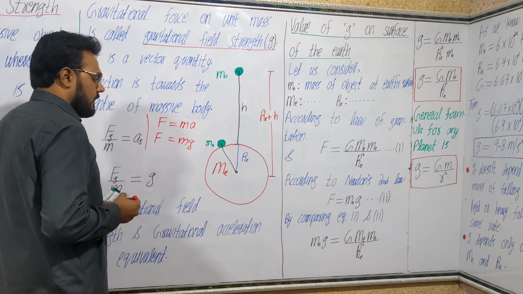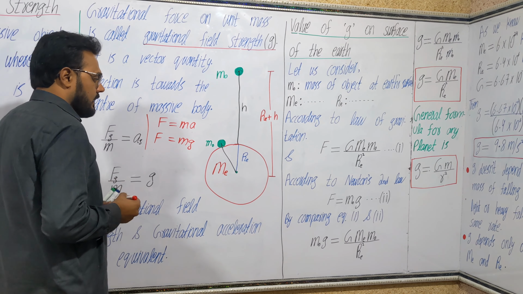If we put these values into this equation, the value of G, 6.67 multiplied by 10 power minus 11, we plug in here. Then the mass of Earth, 6 multiplied by 10 power 24, we plug in here.